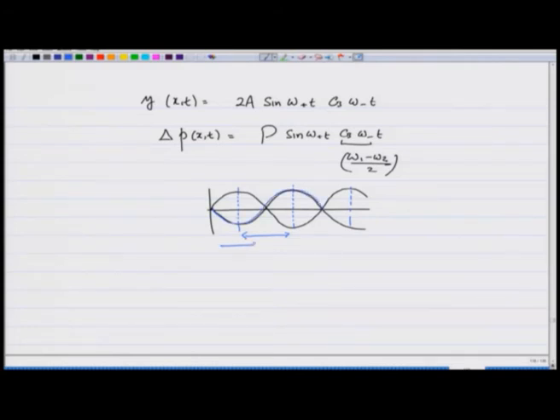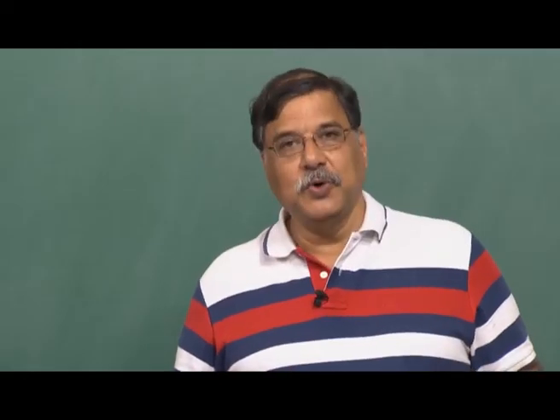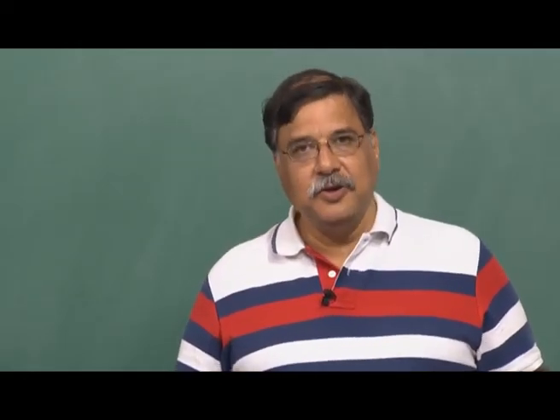This time period is T by 2, which is 1/2 of 2 pi over omega minus, which is 2 pi over the magnitude of omega 1 minus omega 2. So the beat frequency, which is how many times you are going to hear the sound go up and down, is going to be equal to omega 1 minus omega 2, because every time the amplitude goes up, whether on the negative side or the positive side, you are going to hear a loud sound.